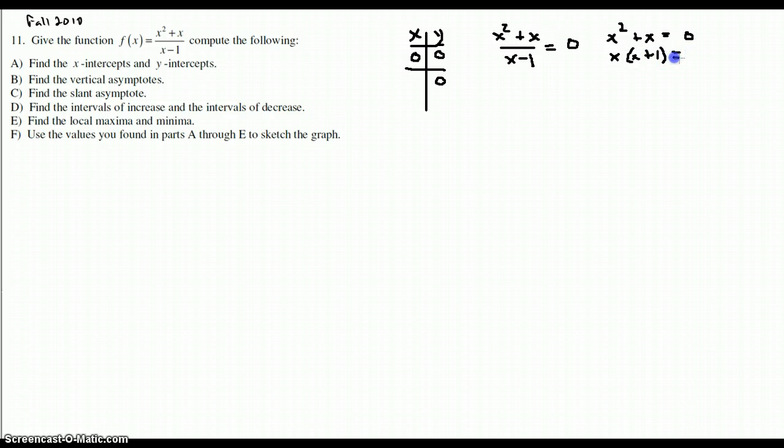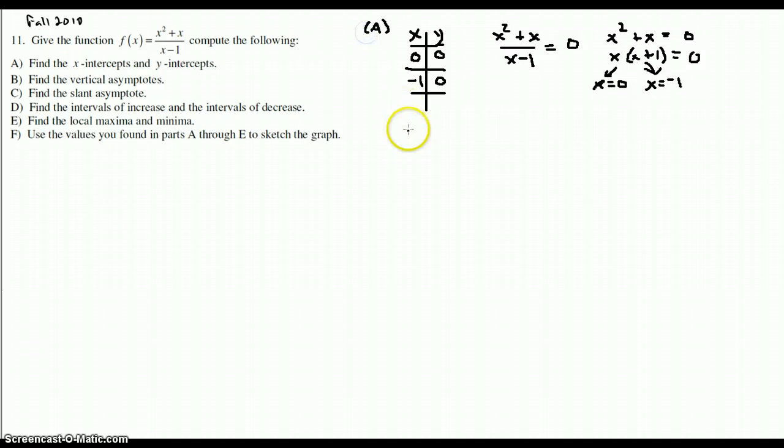So we get either x is 0 again for the origin, or x is negative 1, and so that's our other point of intercept. We intersect the x-axis at both the origin and at negative 1. That's part A.